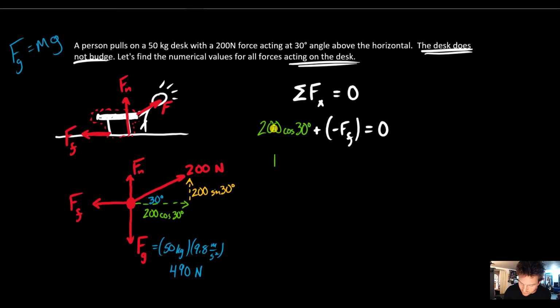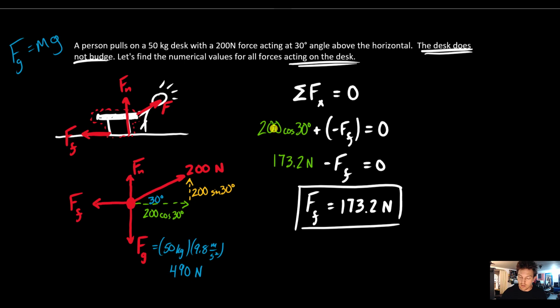So 173.2 newtons minus whatever the friction force is equals 0. And so if there's only two forces there, the friction force needs to be the exact same amount, just in the opposite direction. So we know the friction force is going to be equal to 173.2 newtons.